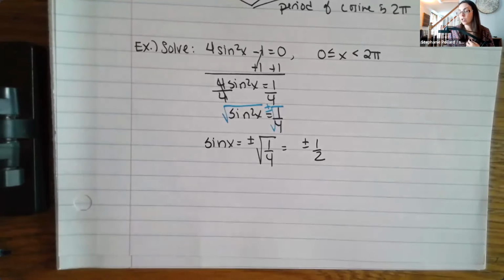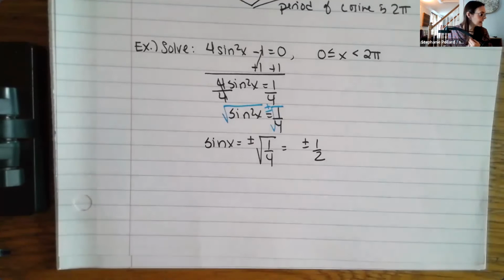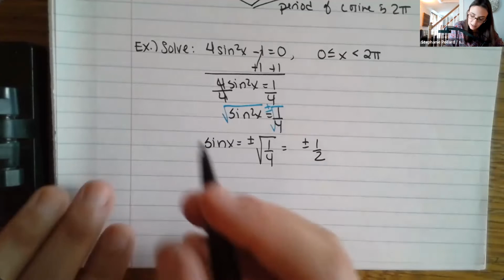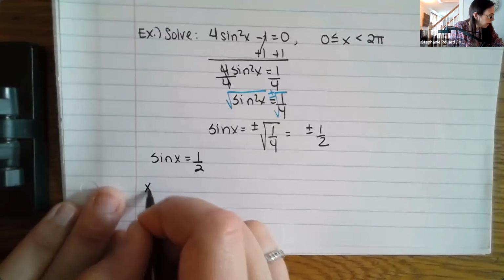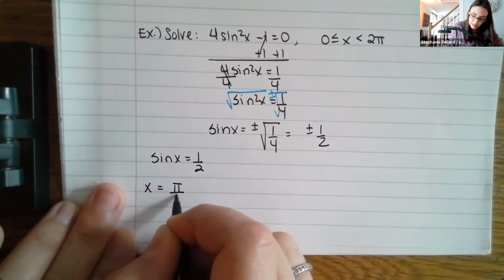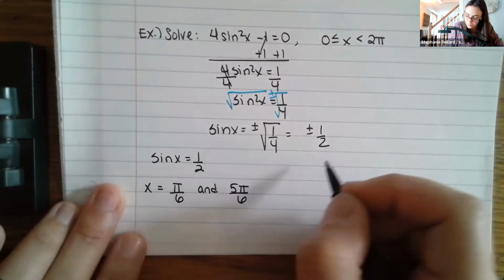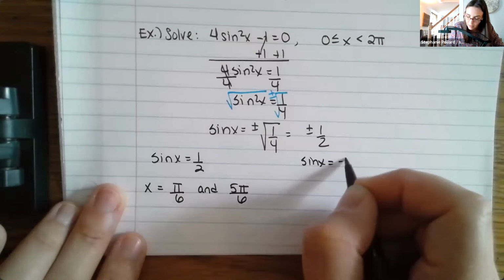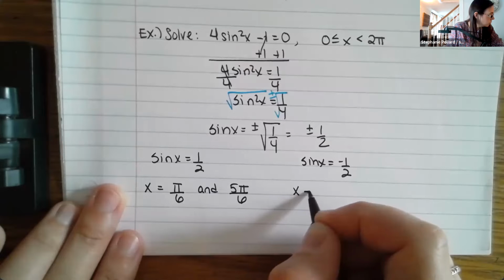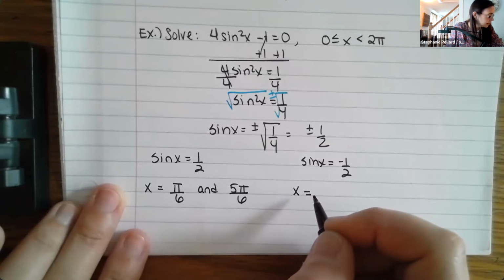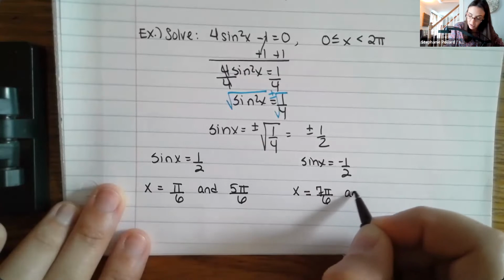Now I'm going to let you take out your chart again. We've used the sine chart a few times already, but if you take out your sine chart again, you'll see, just to make a note here, that sine x is equal to 1/2 when x is equal to pi over 6, and also when it is equal to 5 pi over 6, and it's equal to negative 1/2 when x is equal to 7 pi over 6 and 11 pi over 6.